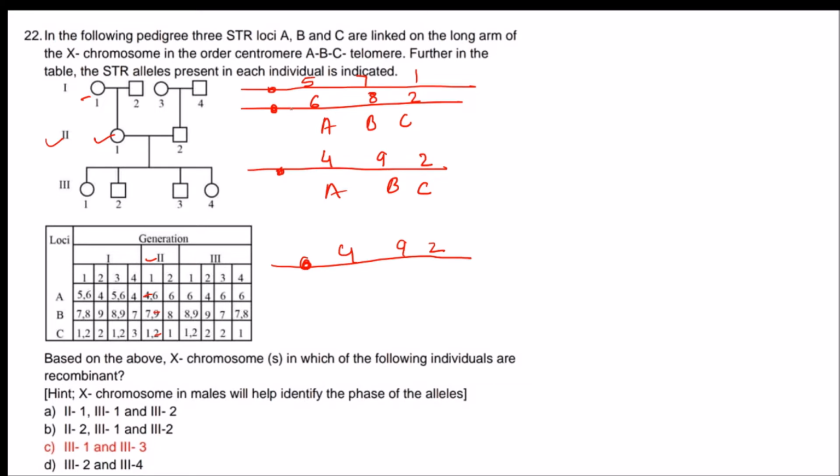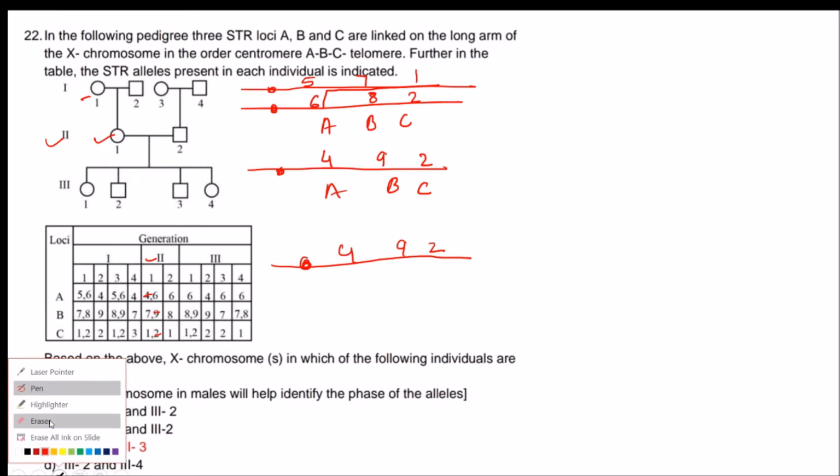Now let's move towards the mother's chromosome. Mother has 6, 7 and 1. It means 6 should be on the upper side and 5 should be on the lower side, so I am correcting it. Now you understand why the hint was given that the X chromosome in males will help to identify the phases of alleles.